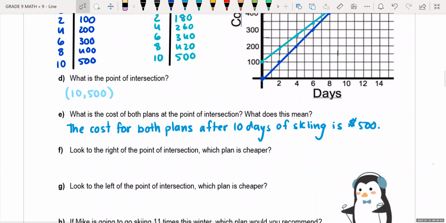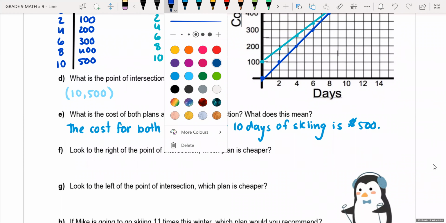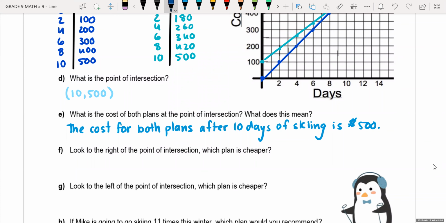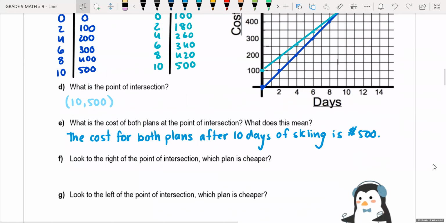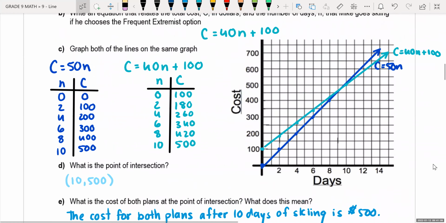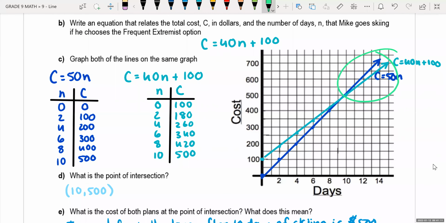Okay, look to the right of the point of intersection. Which plan is cheaper? So we were just talking about this right now. And to the right, do they mean to the right? Yeah, I guess they meant to the right. So you're looking at this right here. They're asking you which plan is cheaper. That means which line is below the other one.